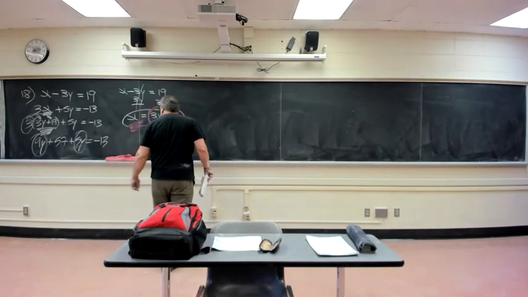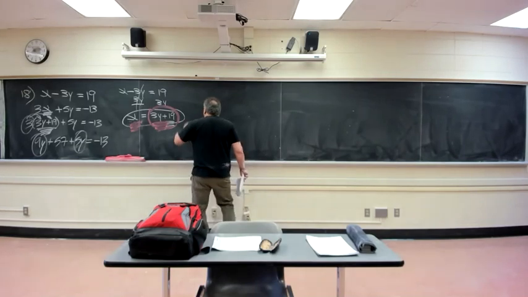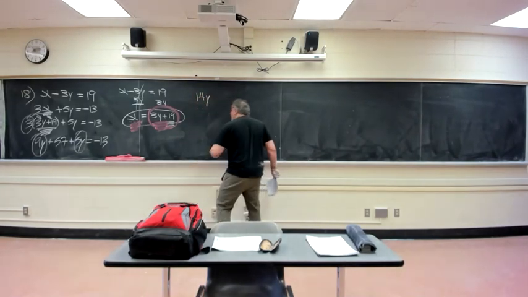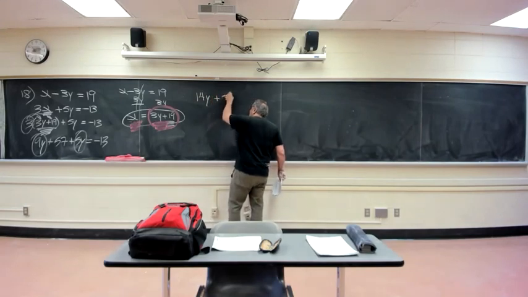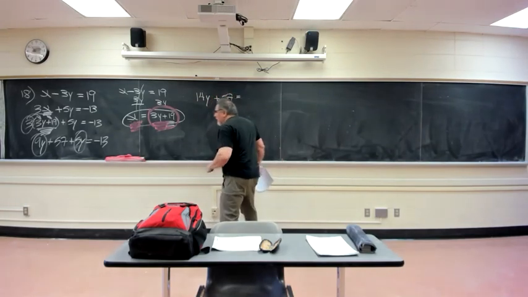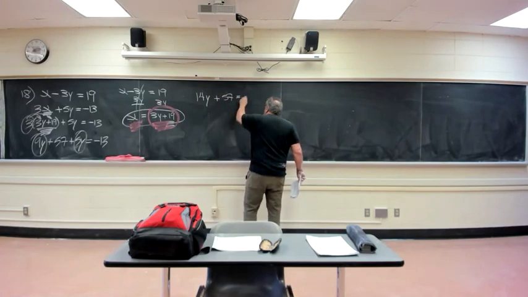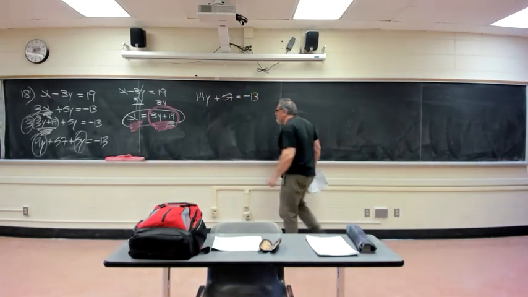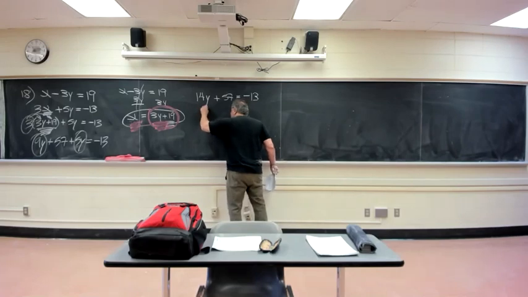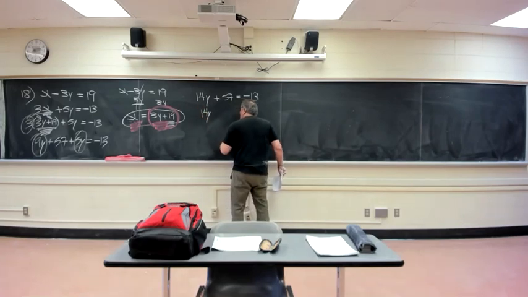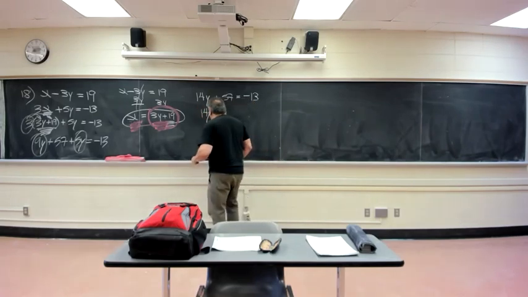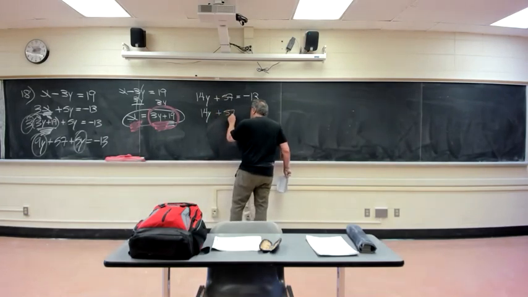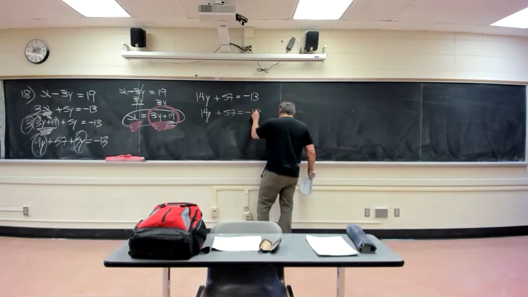Let's get them together. 9y and 5y is 14y. 57 is 57. Negative 13 is negative 13. You got 14y plus 57 equals negative 13.